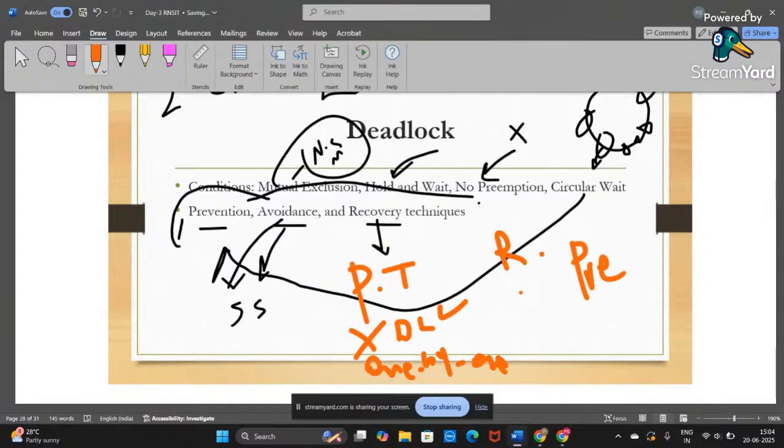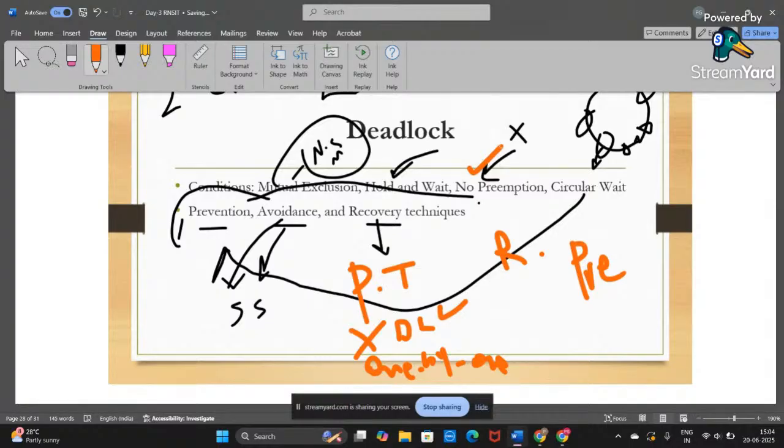Then resource preemption means it takes a resource from one process and gives it to another. Here we have seen what no preemption is: forcefully, you cannot take any resource from the process.